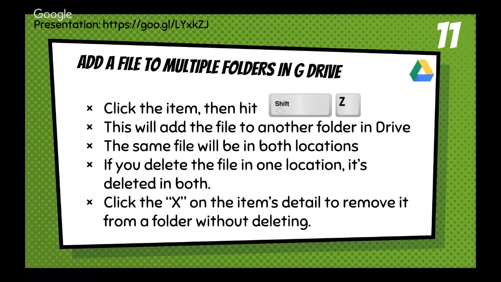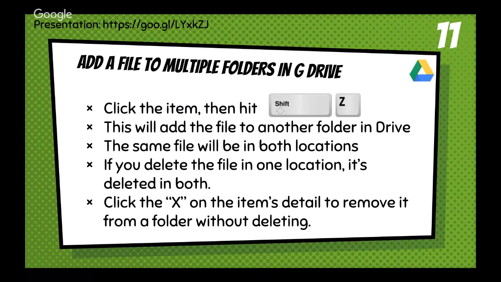What's important to know about that, though, is if you delete the file in one location, it's deleted in both. It does not actually make a copy of that. It actually just puts the same file in 2 folders. And so that last bullet there down at the bottom, if you click on that I that Chris was just talking about, this pulls up a sidebar that shows you all the different folders that file may be in.